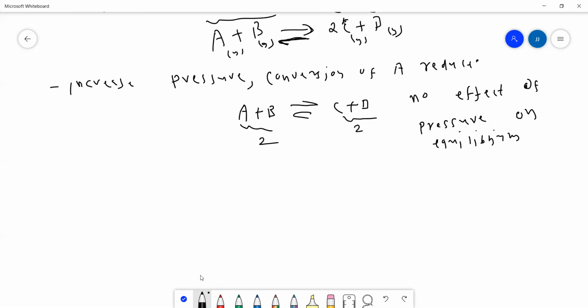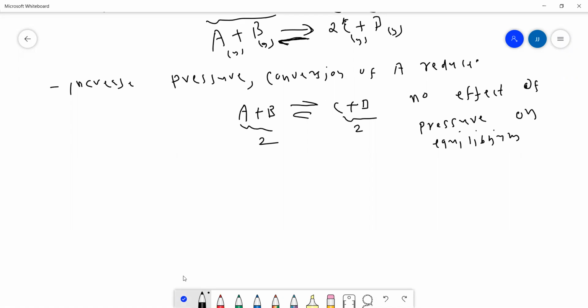The temperature changes in the reactor, either because heat is generated, liberated or absorbed during the reaction, or because we add heat to the reactor.